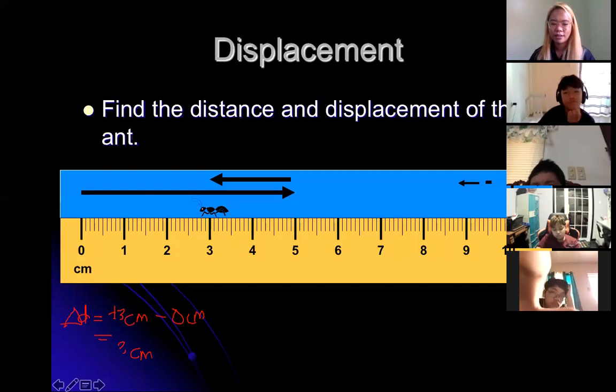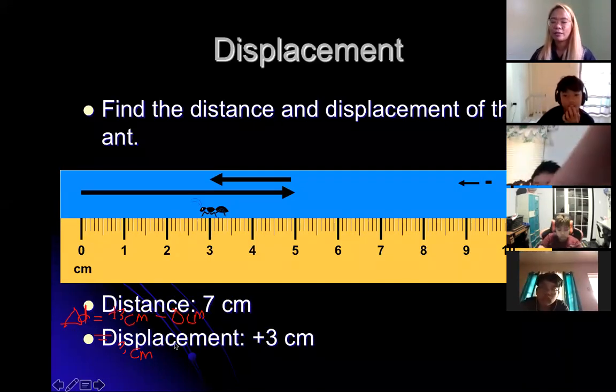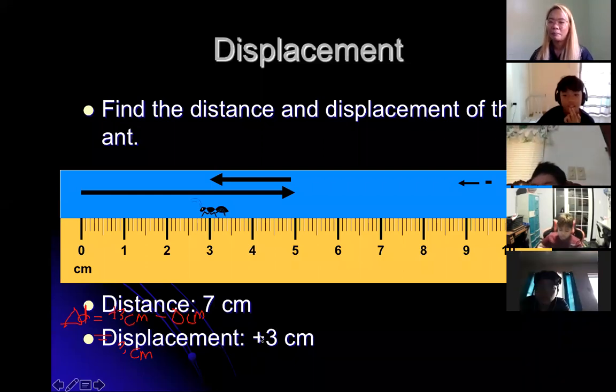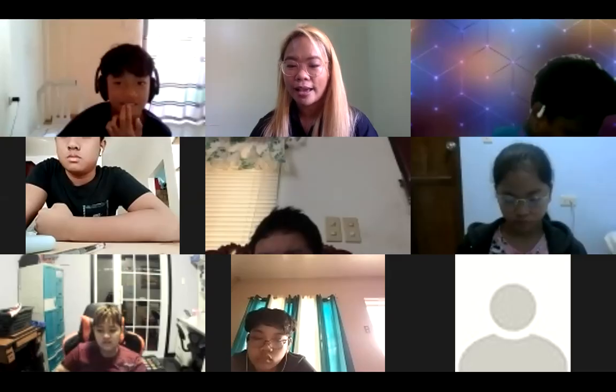So that is the displacement. So distance is 7 centimeters, pero ang ating displacement ay positive 3 centimeters. Okay, sorry, nagkamali ako. Displacement is a vector quantity. So it's a positive 3 centimeters. Okay? So I know medyo nalilito pa yung iba.